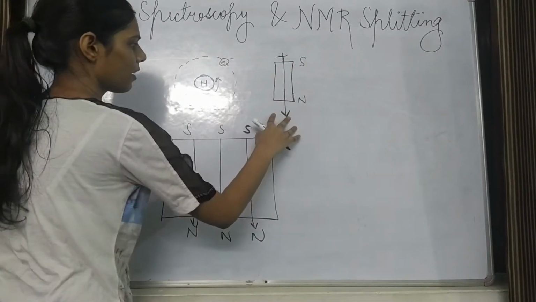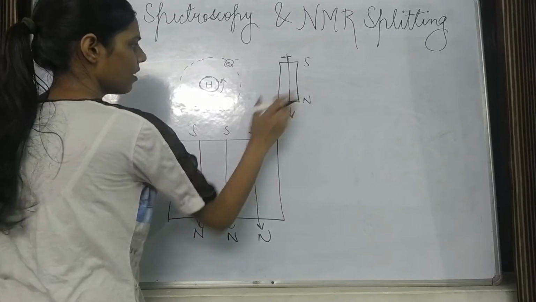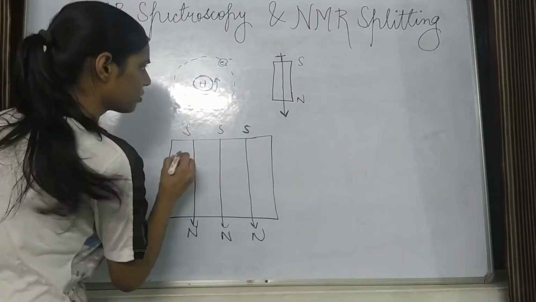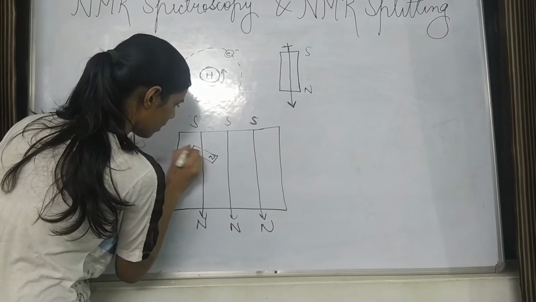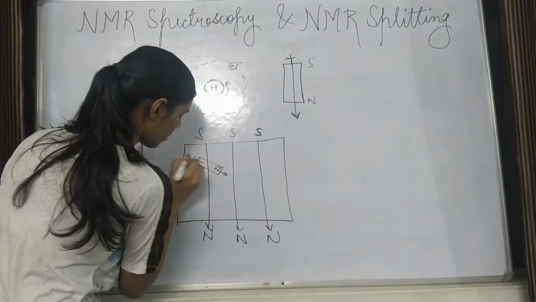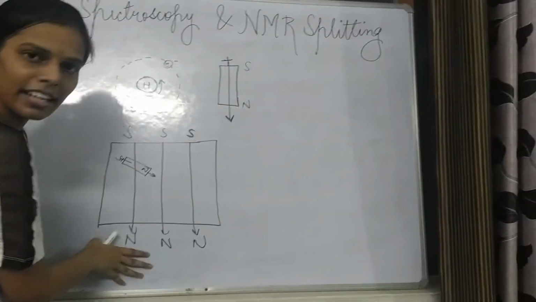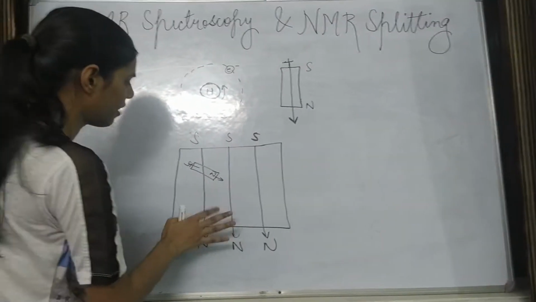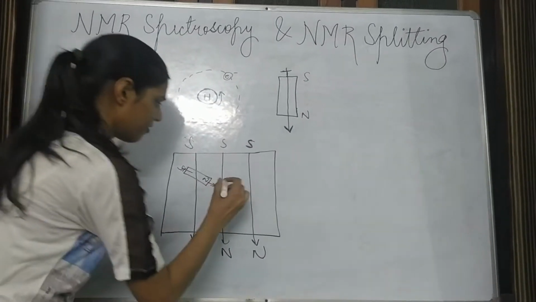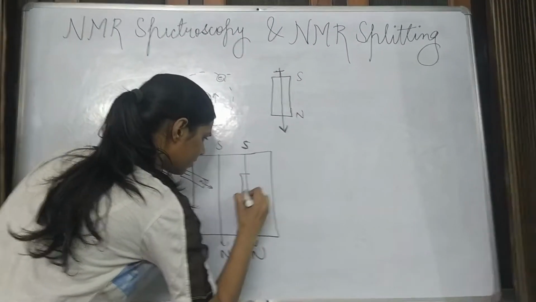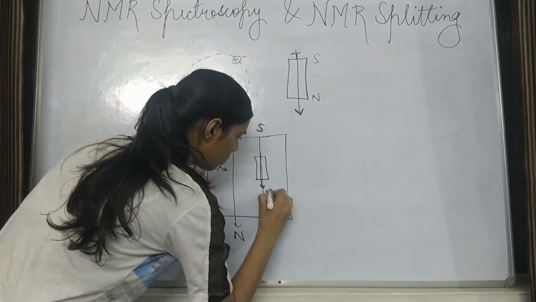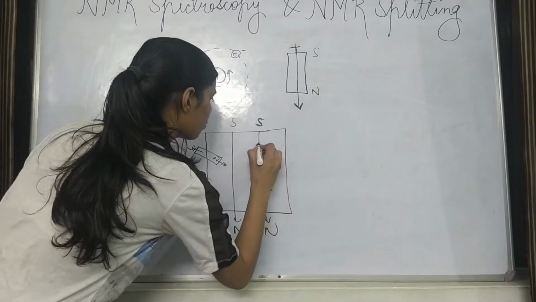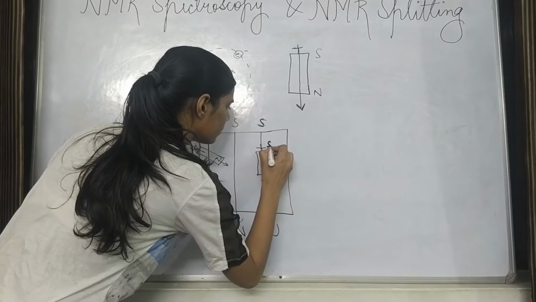So this hydrogen atom, which is acting as a magnet, can be aligned in any direction initially. See this, if it is aligned like this, north, south, then when we apply the magnetic field in the NMR machine, it will align in the direction of the magnetic field. See like this. The north will be towards the north of the field and south will be towards the south.